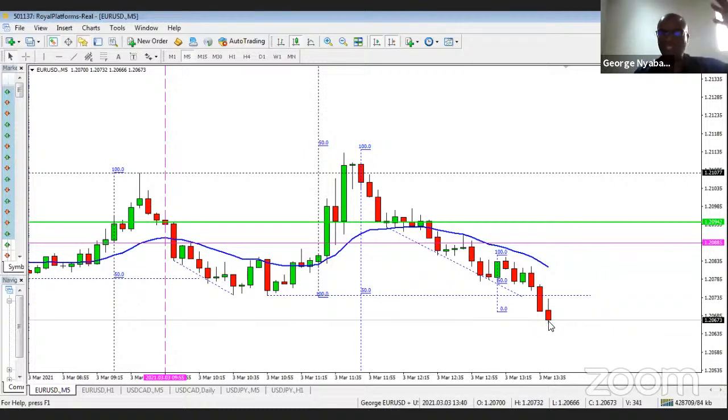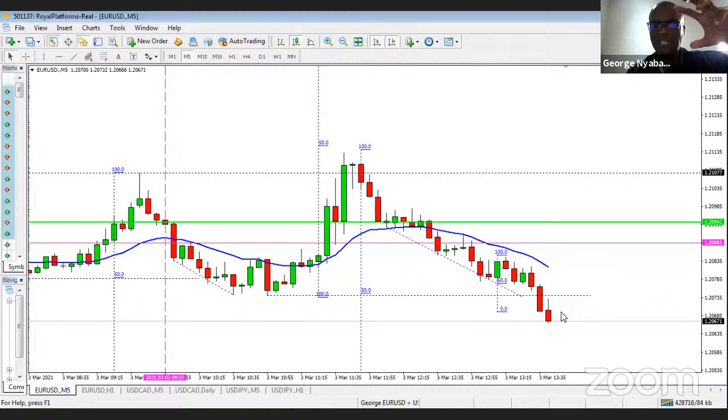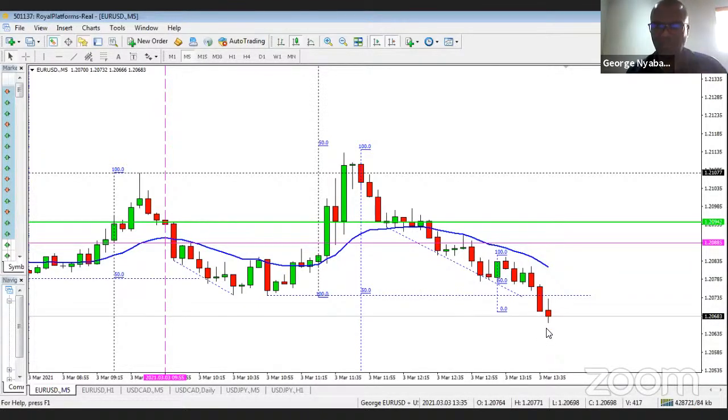Now I have to tell myself, okay, George, don't look to buy anymore whatever you get, because if the bears close beneath this particular candle, they are confirming the breakout. Now I need a pullback. Let's see what pullback I get to the moving average.